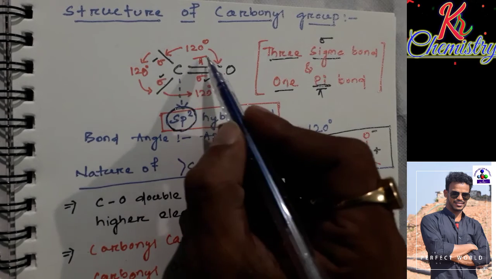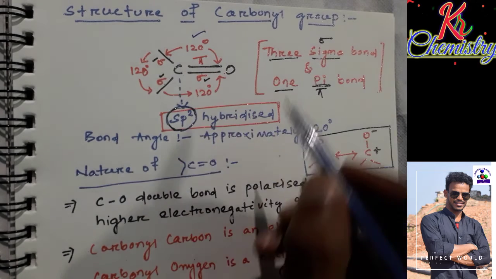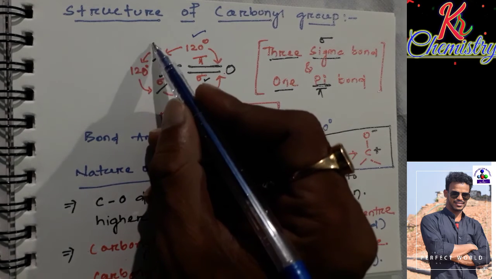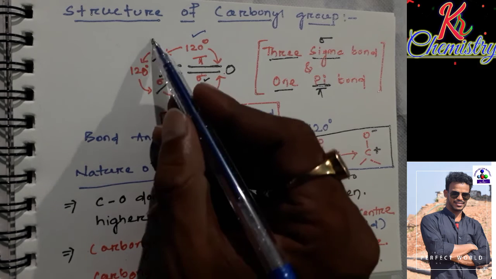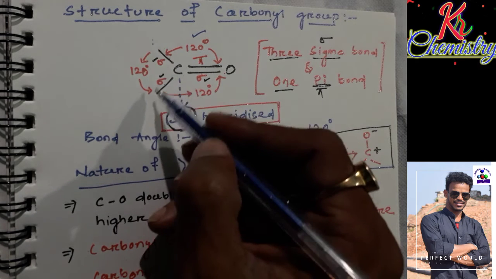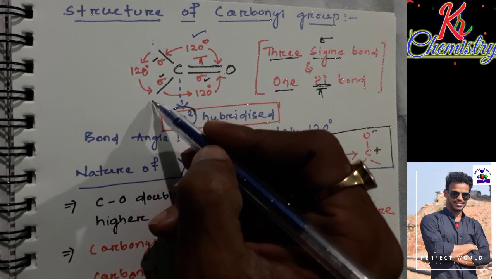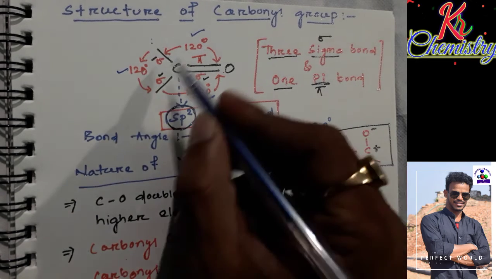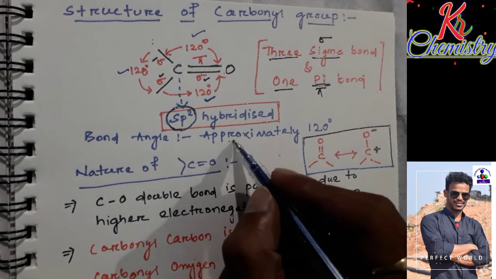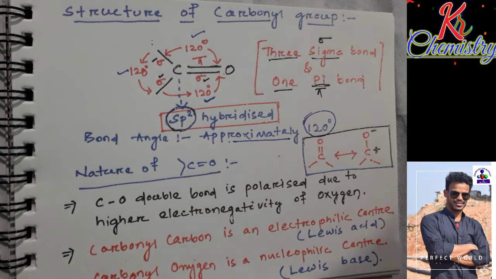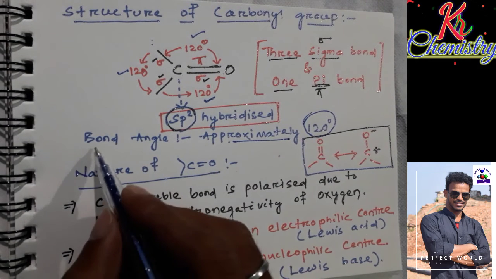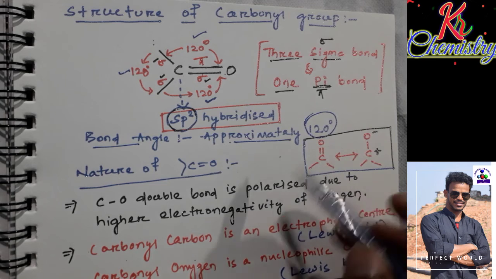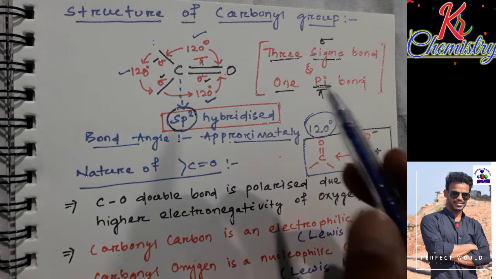The bond angle between carbon and oxygen is 120 degrees. The other two bonds on carbon may be to an alkyl group, a hydrogen atom, two alkyl groups, or a hydroxy group. The bond angle between all of these is approximately 120 degrees. You can see the bond angle. This is the structure of the carbonyl group.